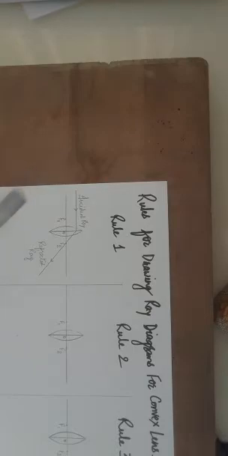Coming to the second rule. In the second rule, when an incident ray is passing through the principal focus, then the refracted ray is parallel to the principal axis. So here we have to show a ray that is passing through the first focus. This is the incident ray.